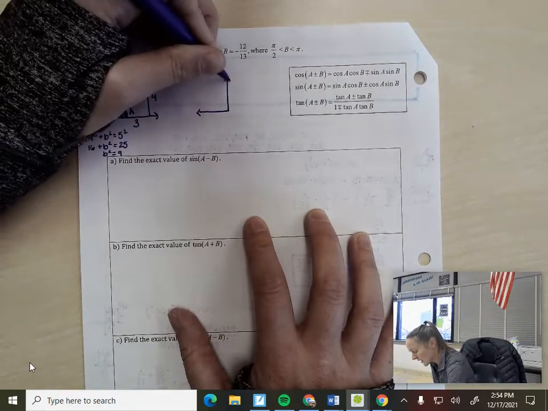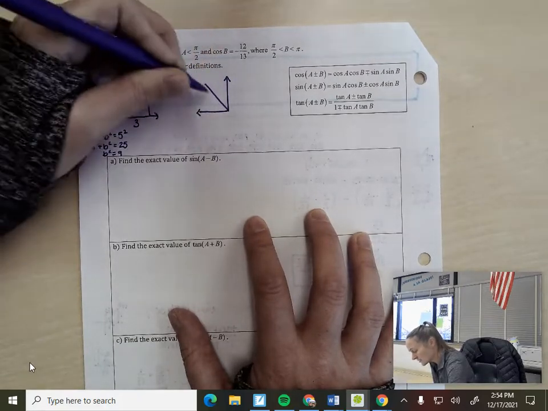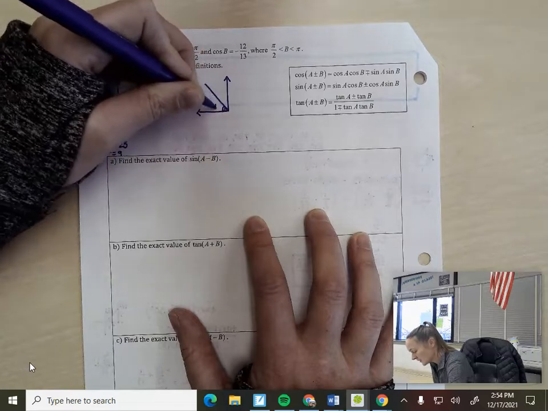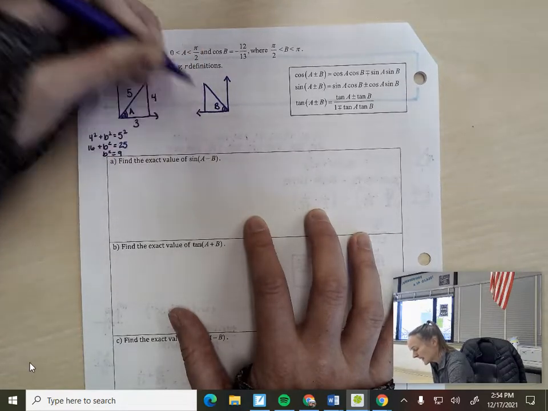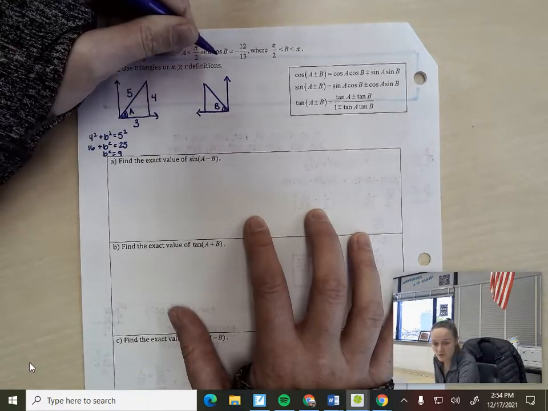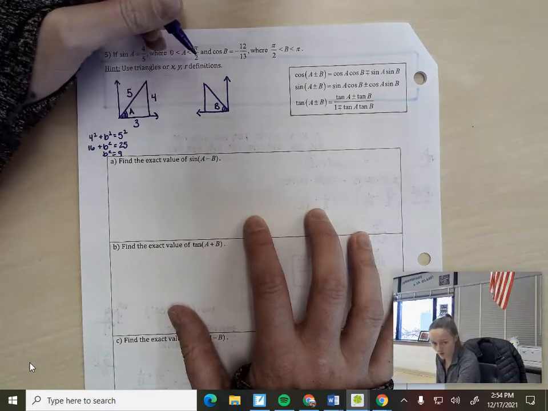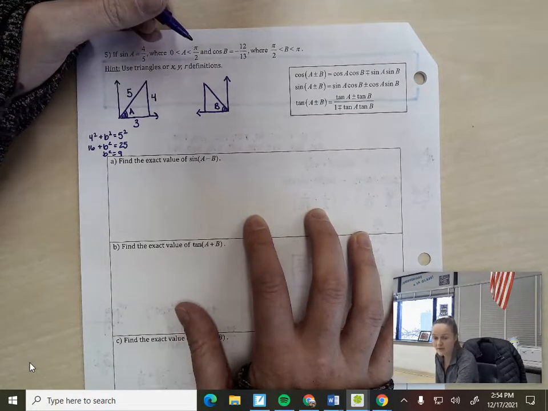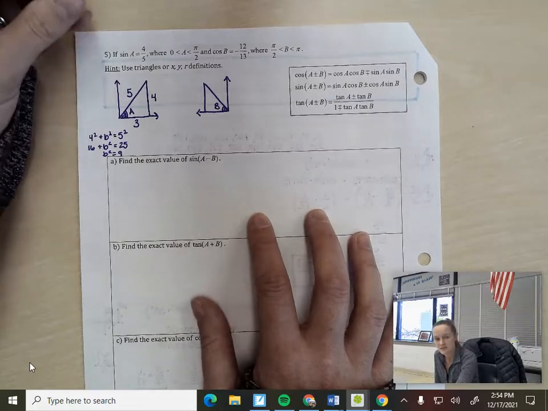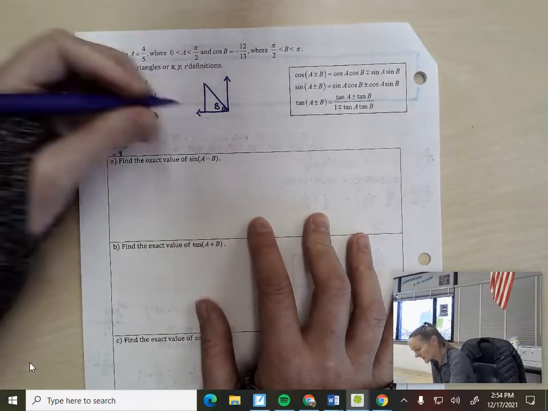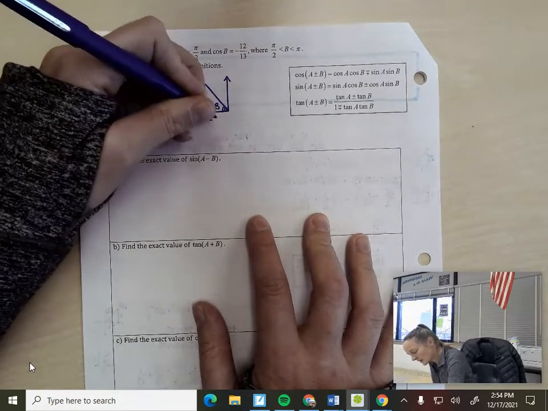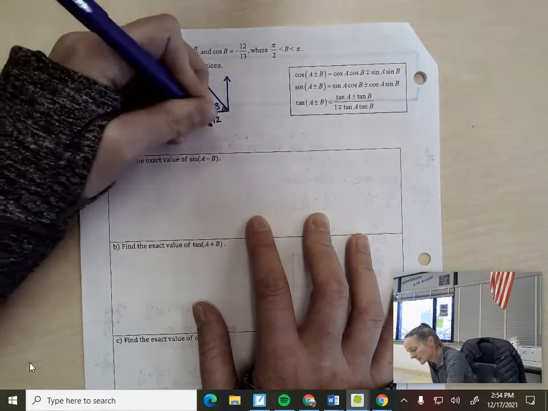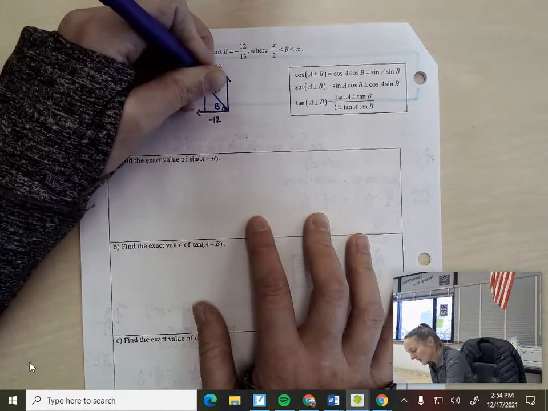So I can draw this. Here's my triangle. Here's my angle. We'll call it B. B is adjacent over hypotenuse. The hypotenuse is always positive because the radius of a circle is a positive distance.